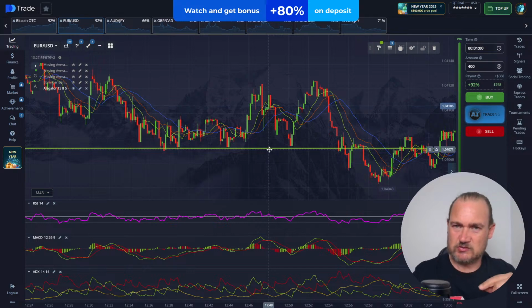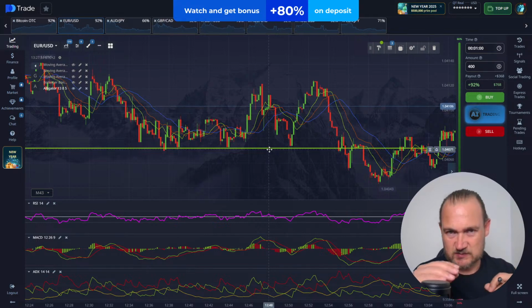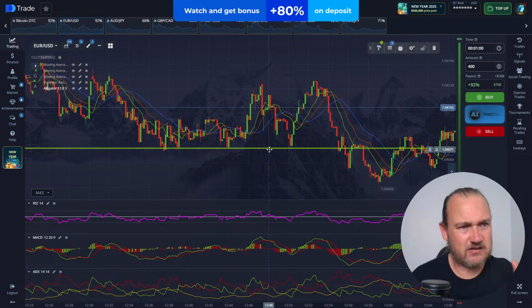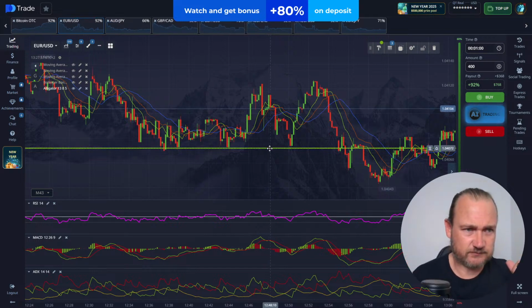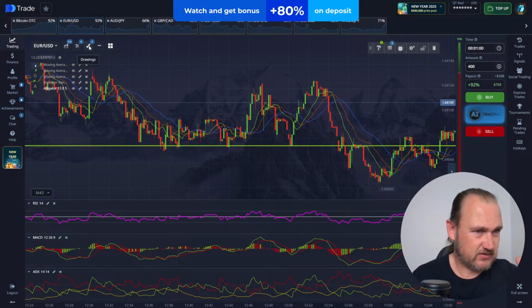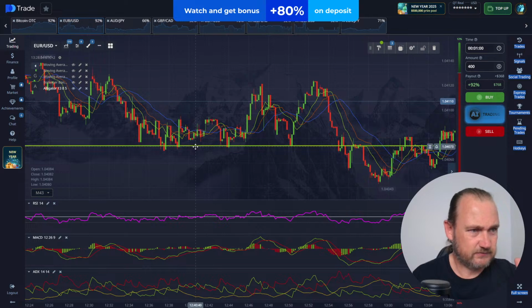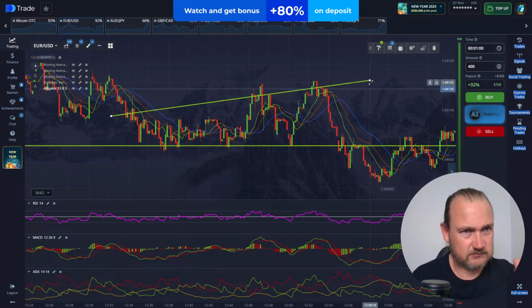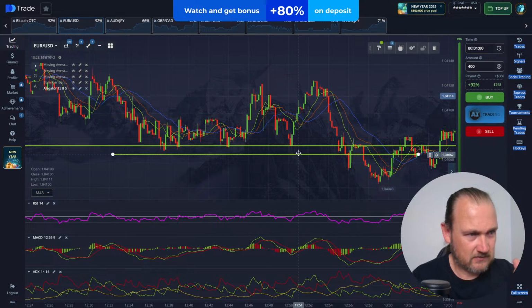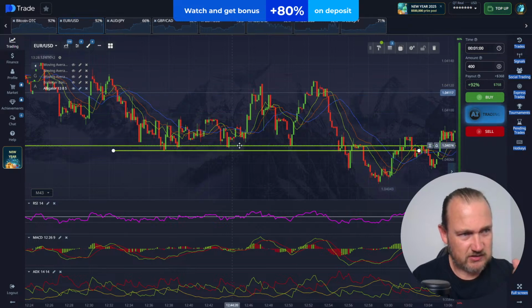Always remember, support and resistance will never just be a single price. It's always an area. I explained that last week in the video. So let's duplicate this quick. That will be the support area, the area between those two lines there.